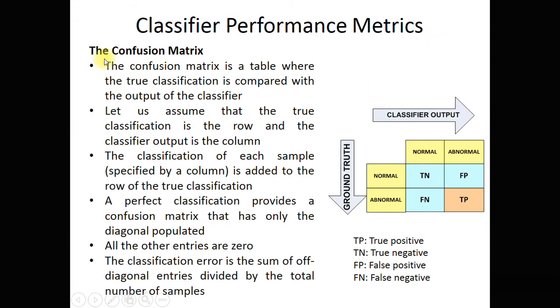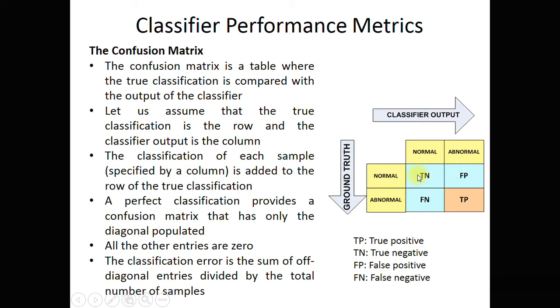Now when we talk about classifiers, we have to find out measures of how good the classifier is. A very important metric is called the confusion matrix. As you can see, it is simply a matrix. We know the ground truth that there are so many patterns or exemplars belonging to, say, the normal type and the abnormal type.